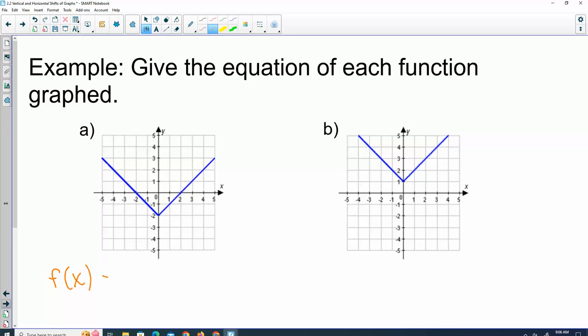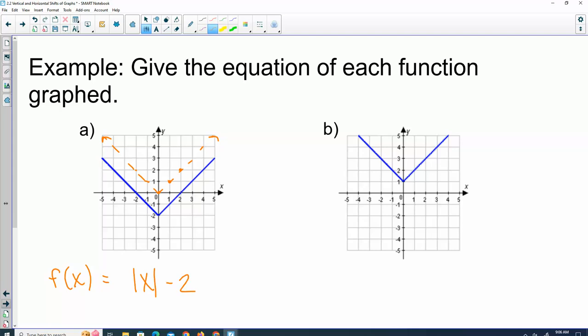Right, f of x or y equals, it doesn't matter which. Now I know my original absolute value looks like this, so how did my graph get moved? Down 2, isn't that the exact one we just graphed? So how would I show in my equation that it went down 2?